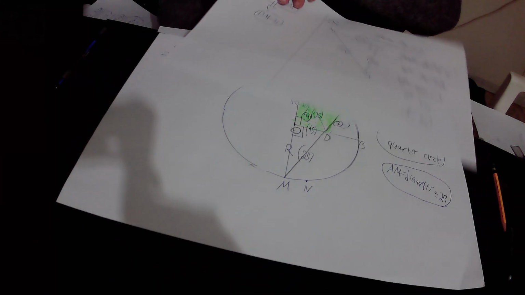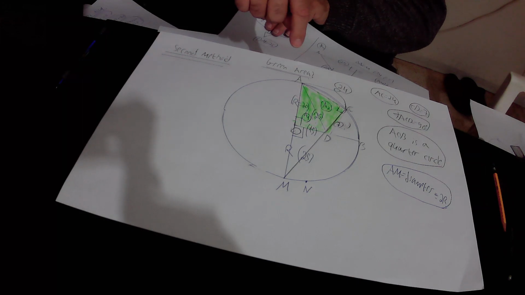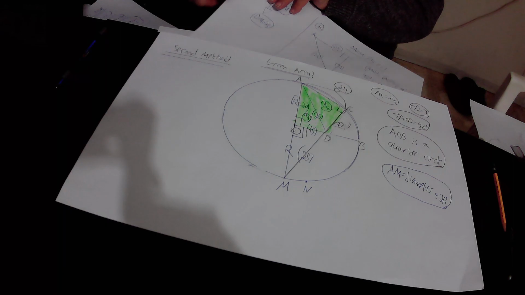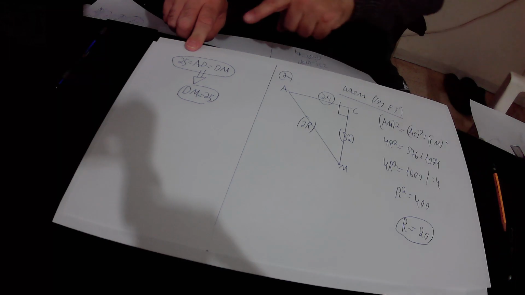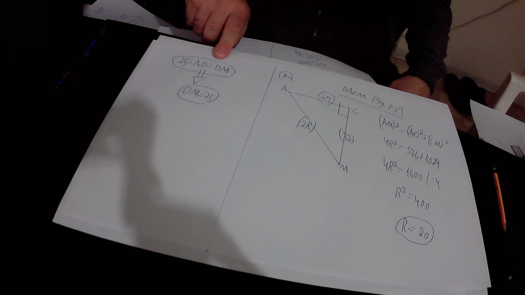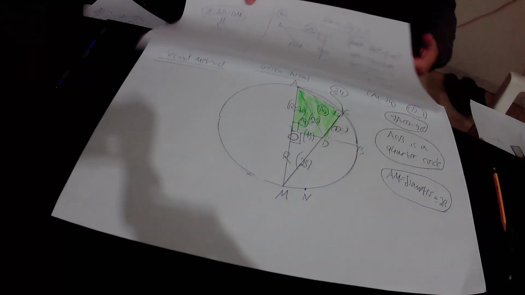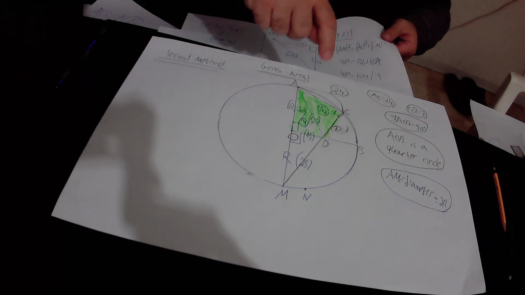But AD equals 25. So from 25 equals AD equals DM, we derive that DM also equals 25 units in its length.